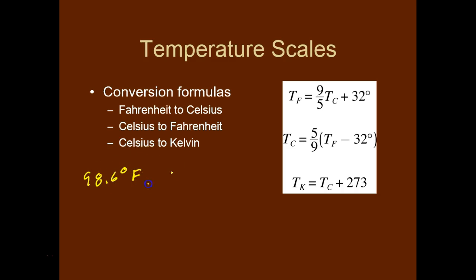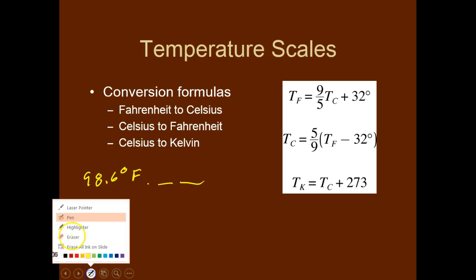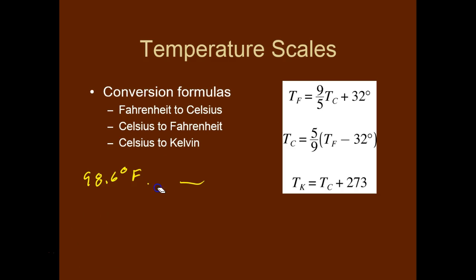Again, I'm going to put my conversion over here. What have we got to do first? Because you're starting in Fahrenheit, you have to subtract 32, because you have to get down to the same zero as Celsius. So that would be minus 32 degrees Fahrenheit.